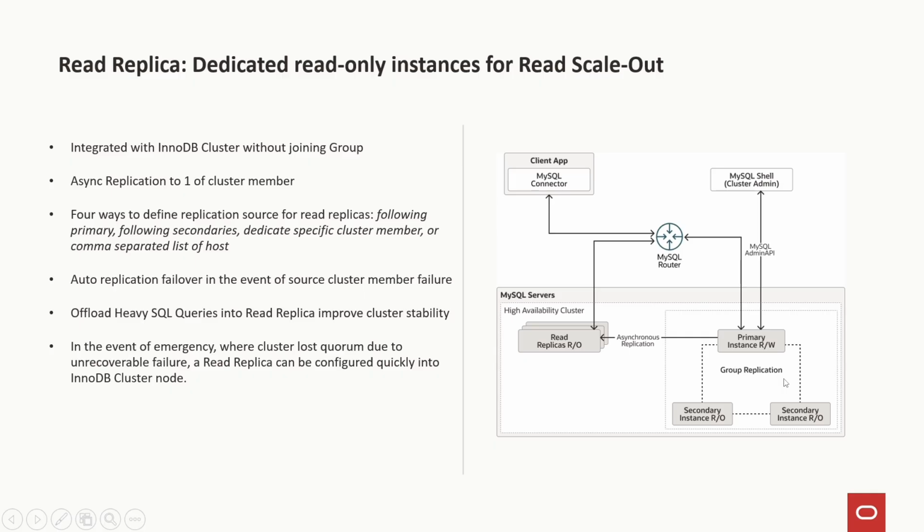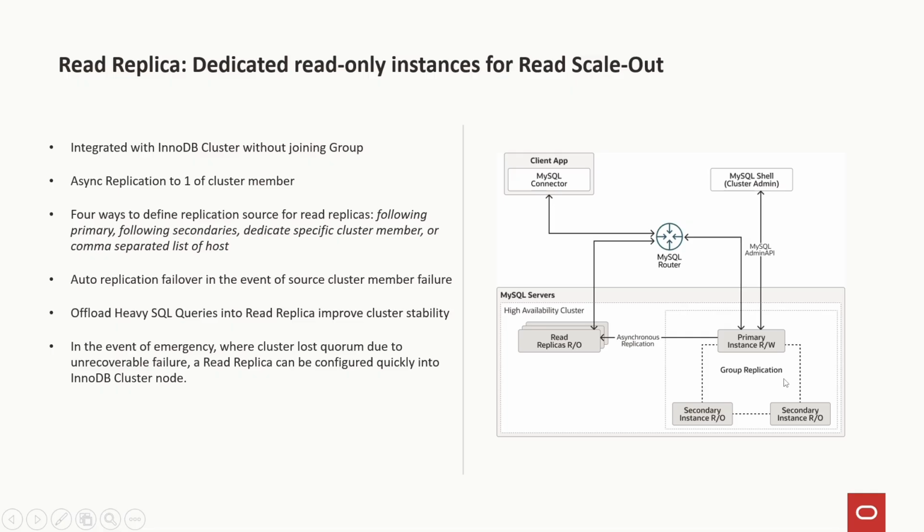The read replicas are not part of the InnoDB cluster group replication because there is asynchronous replication between one of the InnoDB cluster members and the read replicas. Meaning, if we run a heavy query on the read replica and it consumes a lot of CPU, the InnoDB cluster will still be healthy. Remember the flow control that we talked about just now? Flow control makes sure that there is no replication lag.